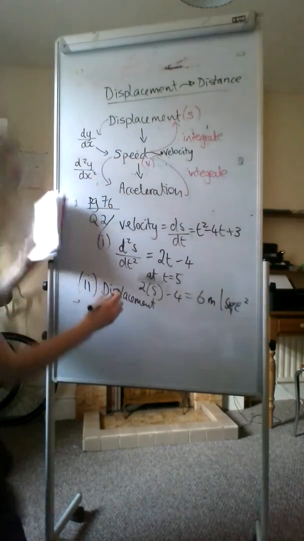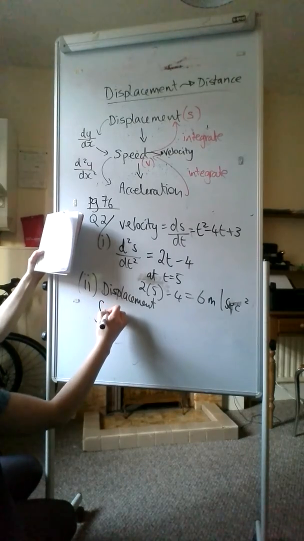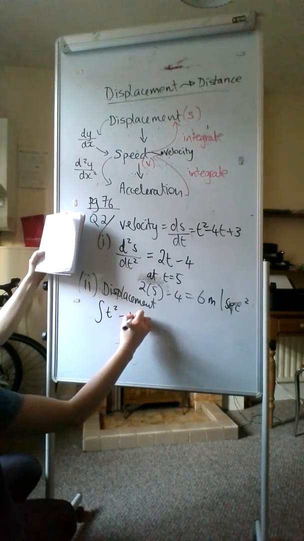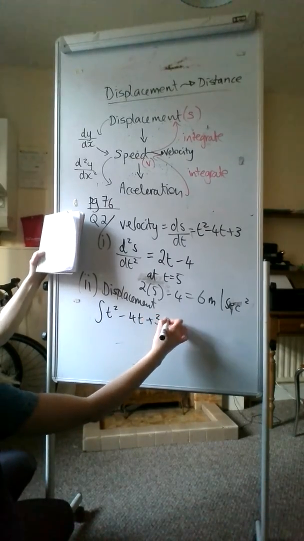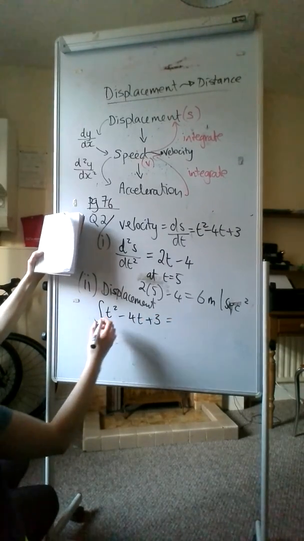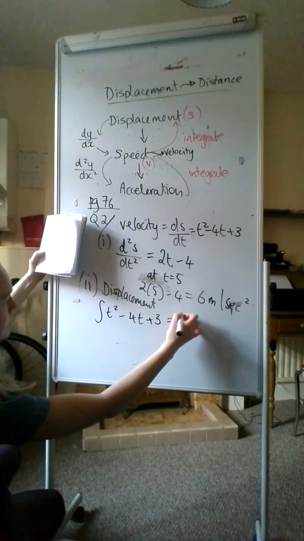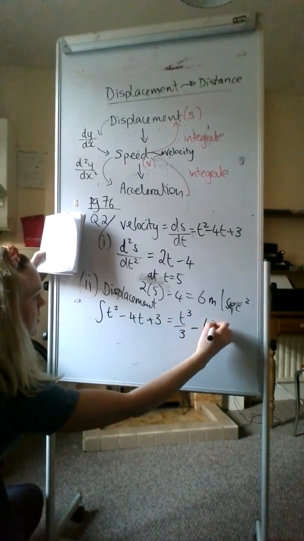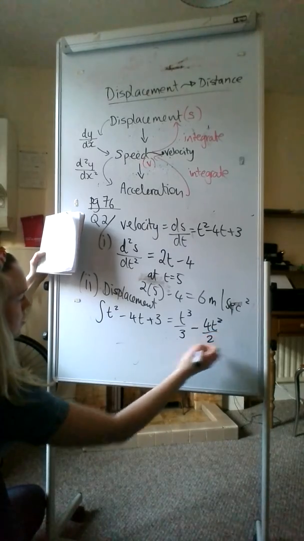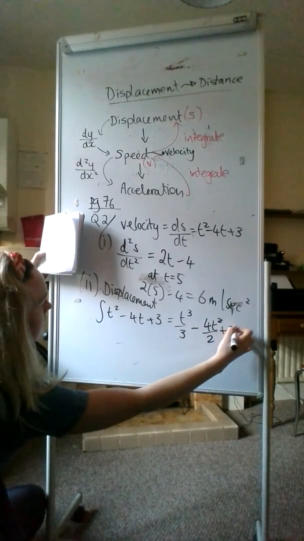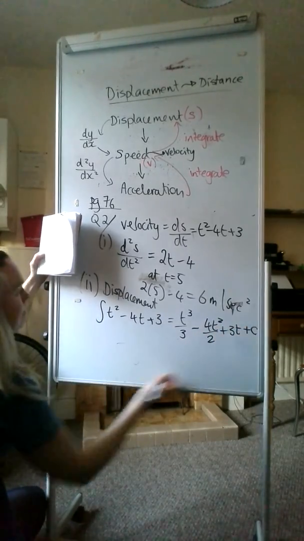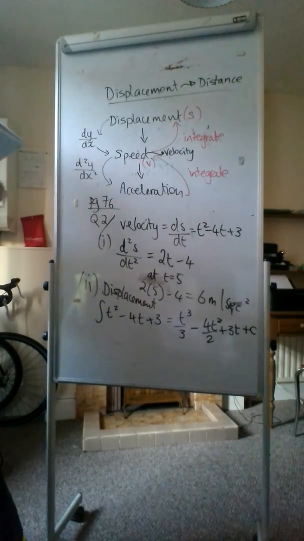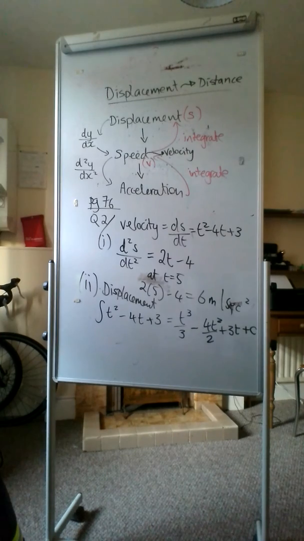So I'm going to integrate t squared minus 4t plus 3. It's a lovely function to integrate. So t squared will become t cubed over 3, minus 4t squared over 2, plus 3t, plus your c. Sorry, it's a bit messy there. So that's your integral of that.